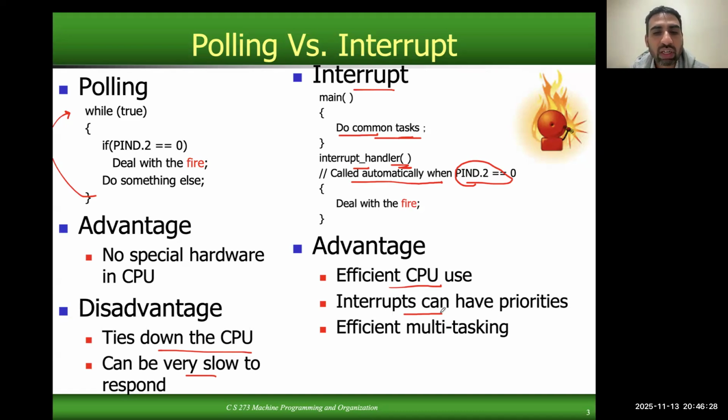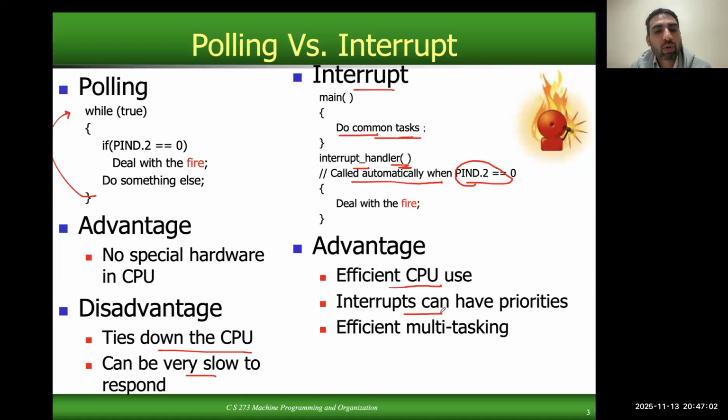We don't need to worry about them because once we have assigned them priorities, it is not our responsibility. If interrupts 1, 2, and 3 all happen at the same time, the microcontroller will automatically execute the interrupt handler of the interrupt which has the highest priority. We don't need to worry about that, right?